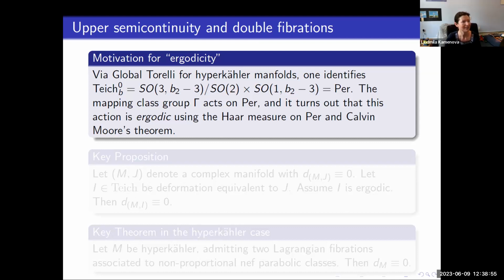So basically, Misha Verbitsky discovered not only that you can do Torelli theorems on hyperkähler manifolds, given the correct formulation, but also that there is an ergodic action on the period domain and also on the Teichmüller space of a hyperkähler manifold.